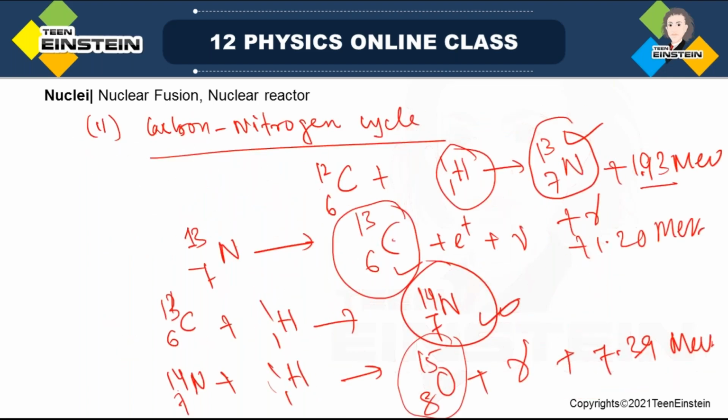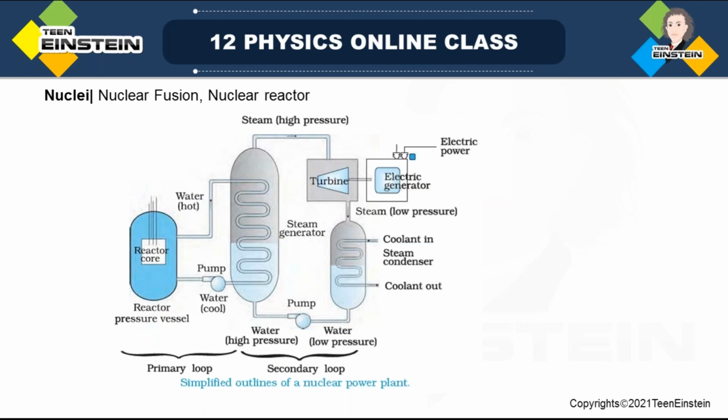So we have learnt about fusion reactions in the sun and stars. Now today we'll learn about the nuclear reactor also. You can see this is the simplified figure of a nuclear power plant. In the nuclear power plant you have something called the reactor pressure vessel, where the fission reaction happens inside the reactor.